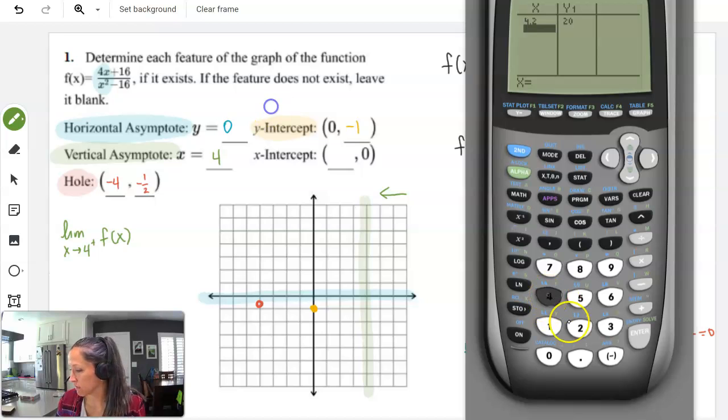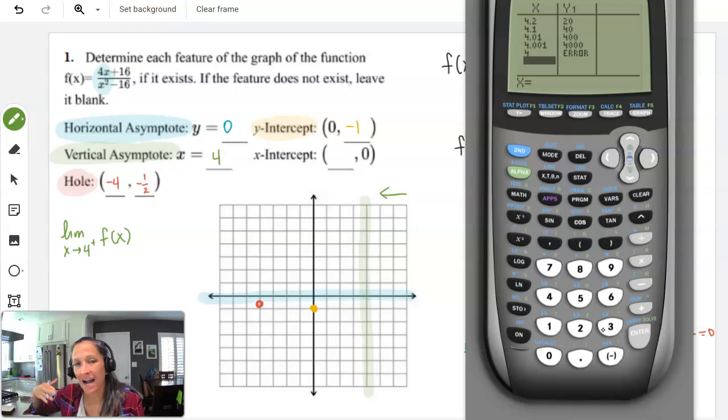Let's get closer. Hopefully we agree 4.1 is closer to 4 than 4.2 was. Oh, it got bigger. Let's get even closer. What about 4.01? Oh, it's getting huge. 4.001. If we plug in the actual value of 4, it's going to tell me error, but if I keep plugging in values closer and closer to 4, I can see this thing is going off towards positive infinity.